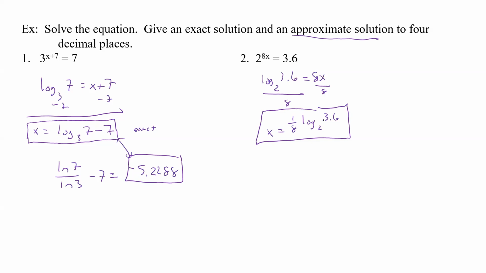Now, the reason I did that was because I started thinking about when I do this change of base formula, I'm going to have fractions, and so I want to kind of have fractions times fractions. And so this is going to be 1/8 times ln of 3.6 over ln of 2. So just changing the base here, and now I can plug that into the calculator.